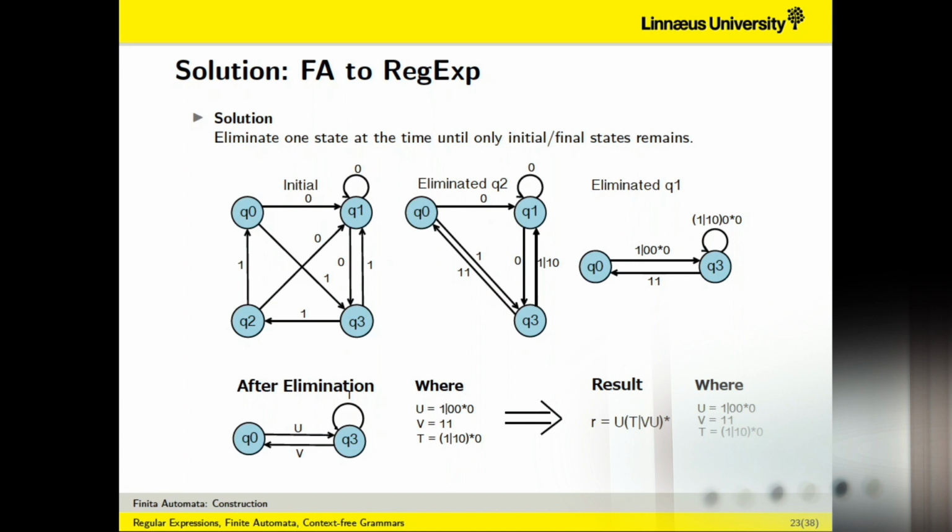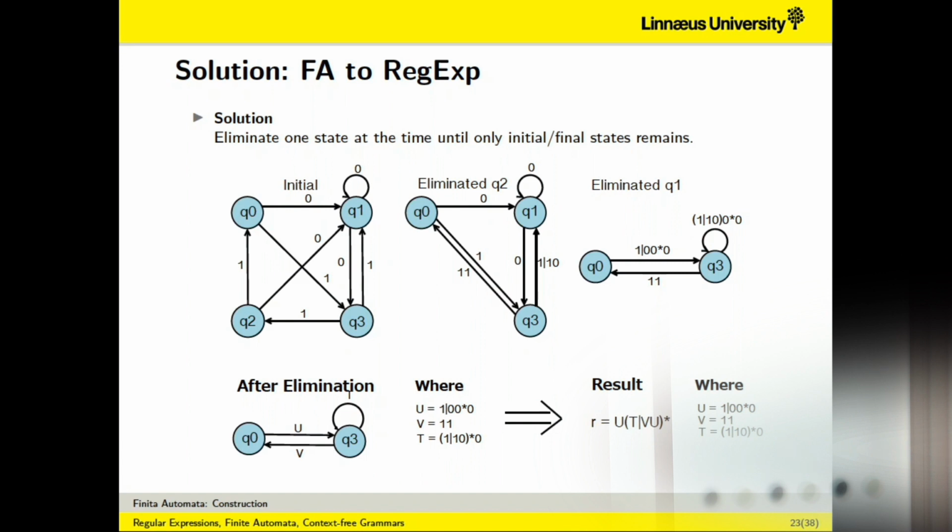So for example, Q3 to Q0, this one 1, 1 should always remain there, and this one from Q0 to Q3, 1, should also remain here with the 1. But then I have to combine these combinations, and how can I do that? By taking this path 0, and then I have a loop.